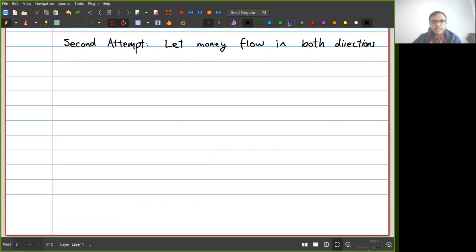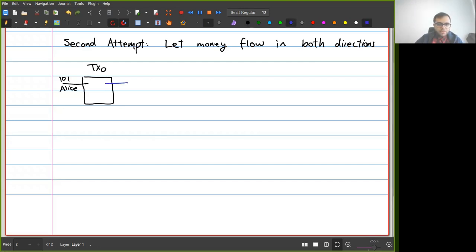Okay, so let's say that I have the same deposit transaction as before. Let's say I have this transaction 0, and here Alice was paying 101.